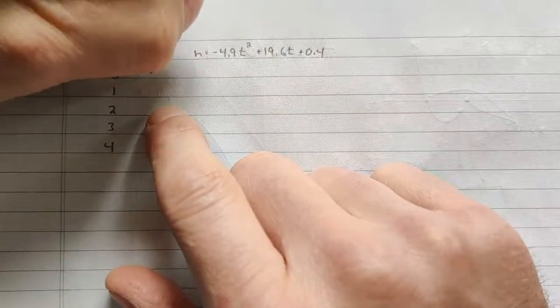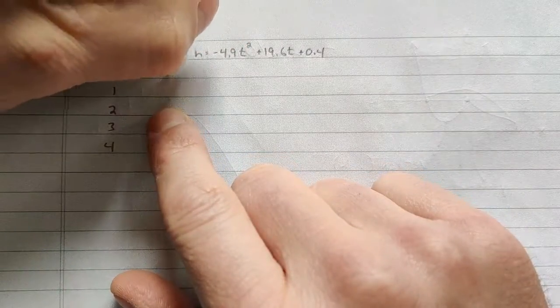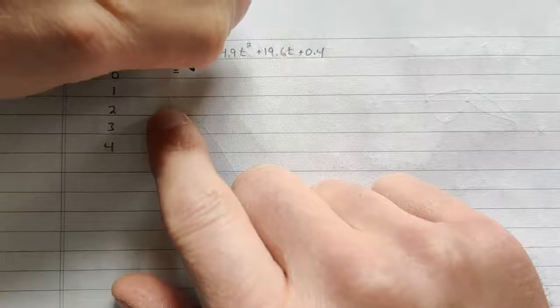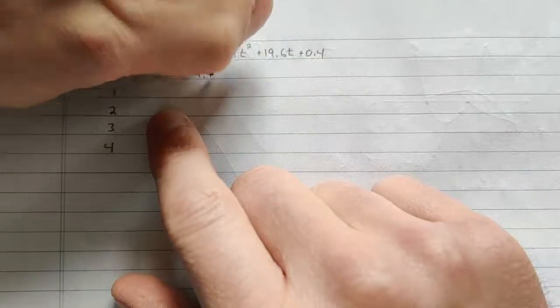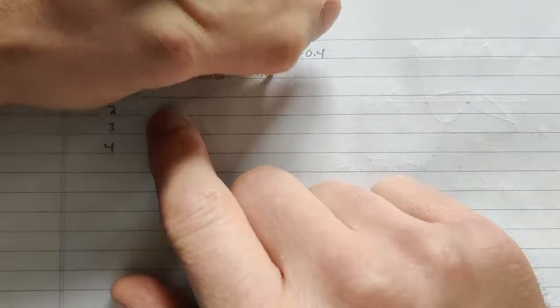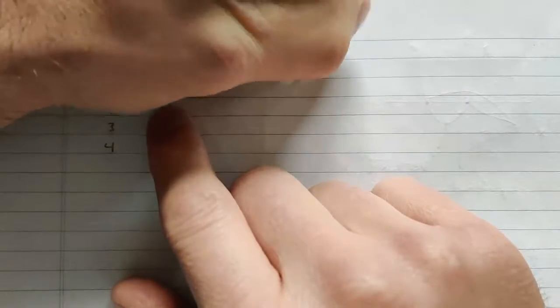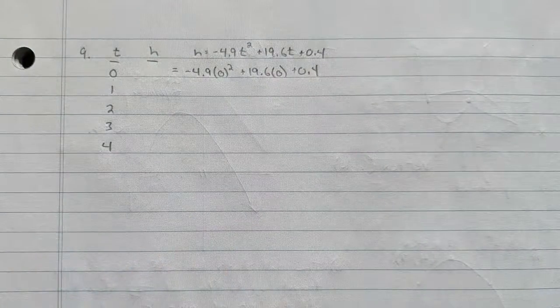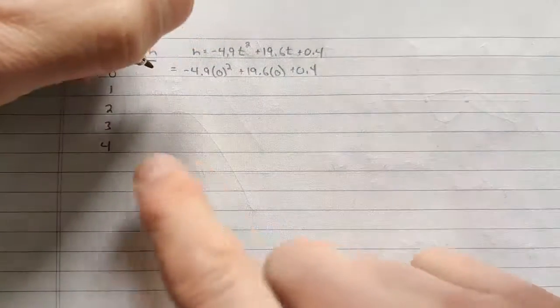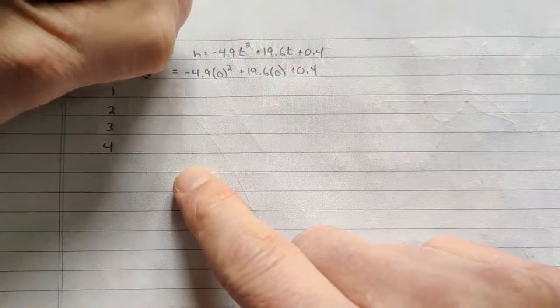So in the first case, it's going to be negative 4.9 times 0 squared plus 19.6 times 0 plus 0.4. Multiplying by 0 makes those both 0, and so we're just going to end up with 0.4 as our first h value.